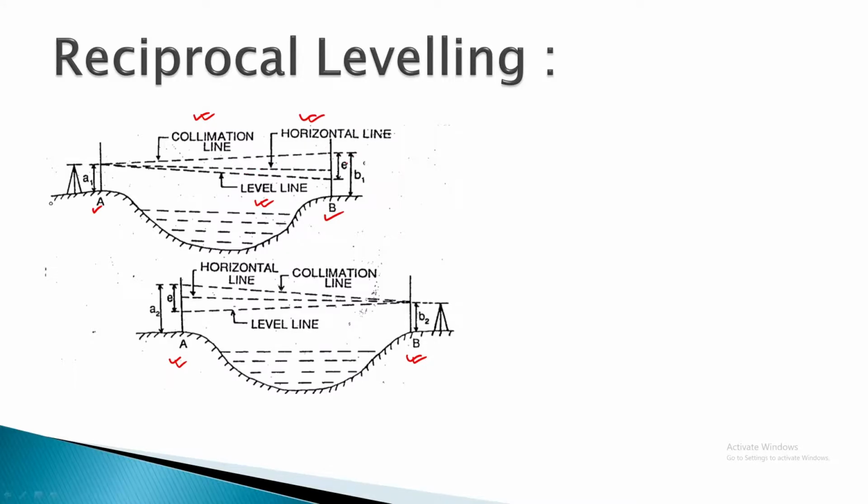Now here you can see the E, where E is the combined error. Combined error means it includes the curvature, refraction and collimation.